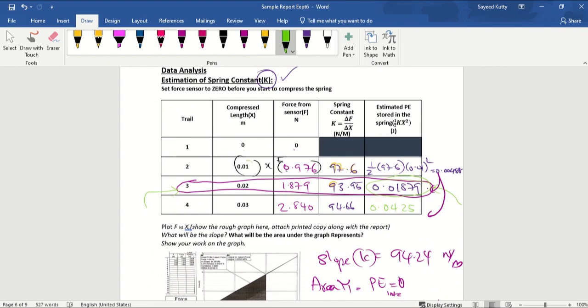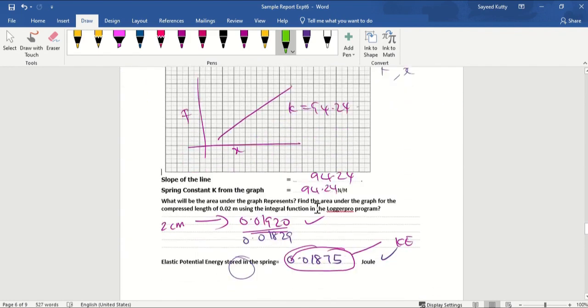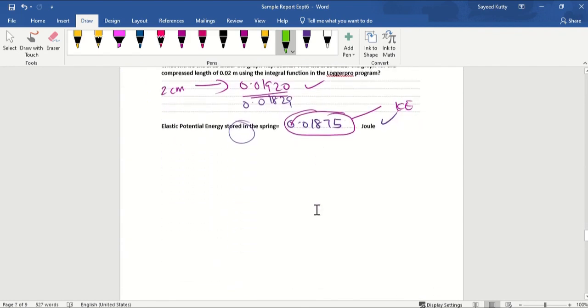The first trial, I compress this to 1 centimeter, that is in meter this. Then 2 centimeter, the corresponding force. 3 centimeter, the corresponding force. Then I just calculate the potential energy stored. Here I just put blank because there is no compression, so no potential energy stored. Now this is all we just explained. I believe it is clear now, right?